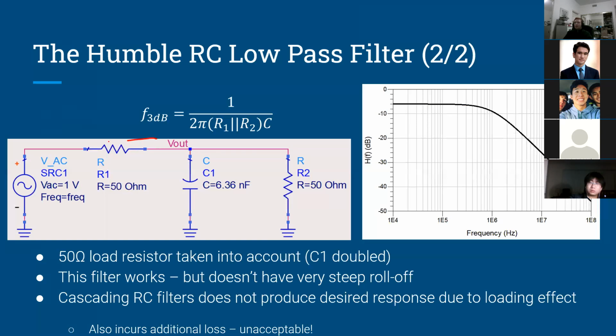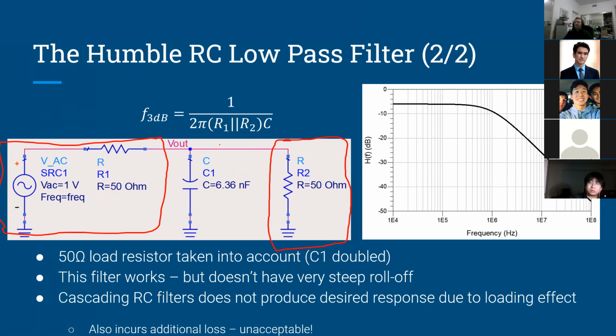So I have the same source here, with the 50 ohm source resistance. I added a 50 ohm load resistor. And if you go through the math, you'll find out that the 3 dB point of this filter is now 1 over 2 pi times R1 in parallel with R2 times C. So, well, I might have done that wrong.